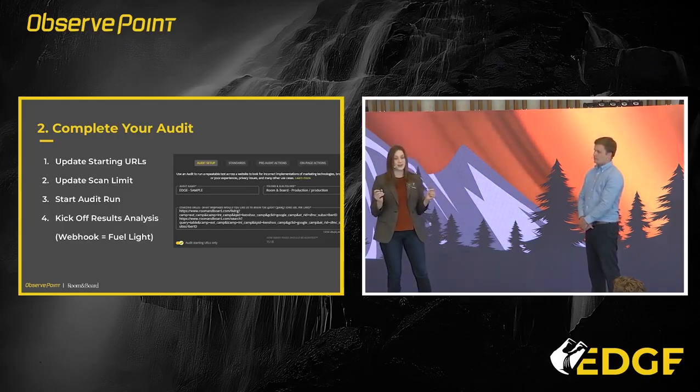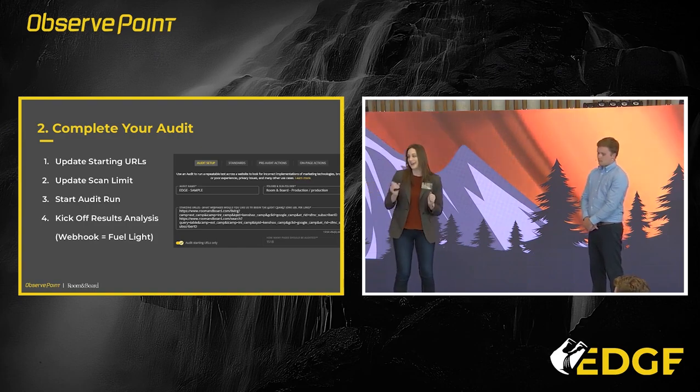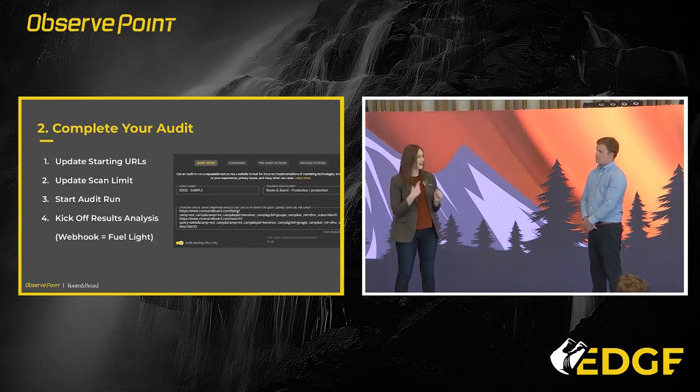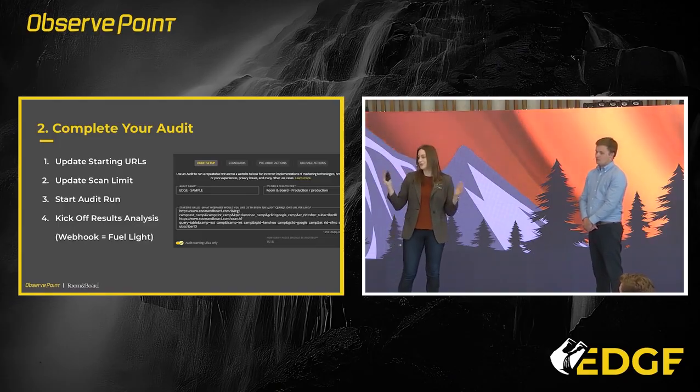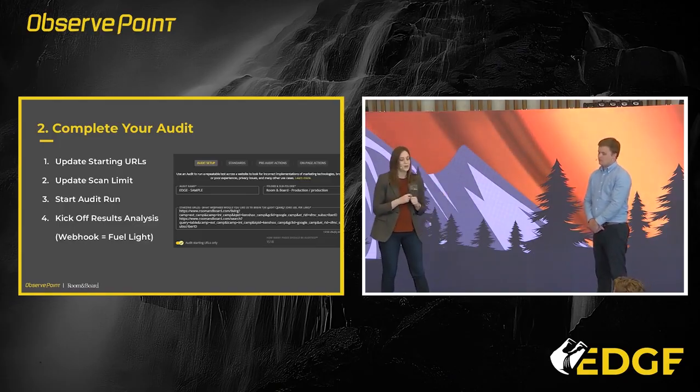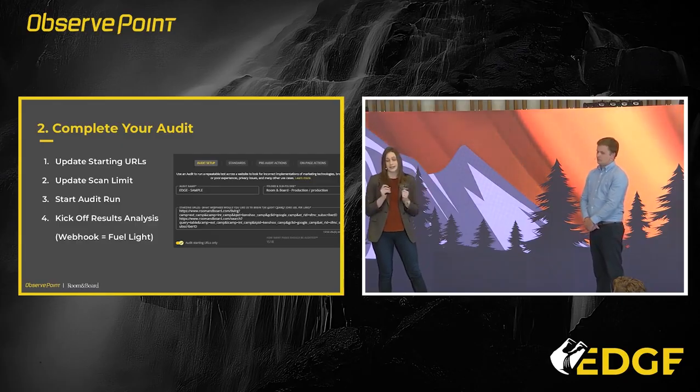From there, ObservePoint even has an API to say, as soon as that's done updating, go start my run. How nice would it be to not have to schedule it in the tool, not have to manually turn it on, and just let it go as soon as it's ready. Once your run starts, you let it complete.